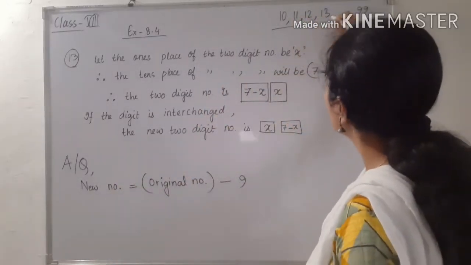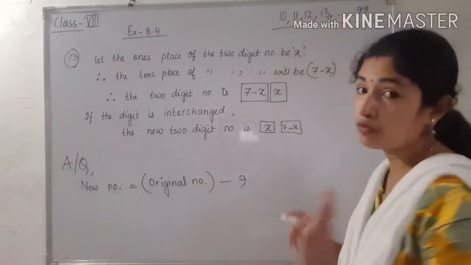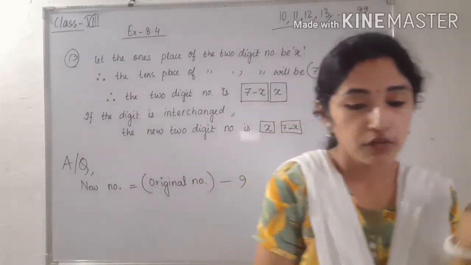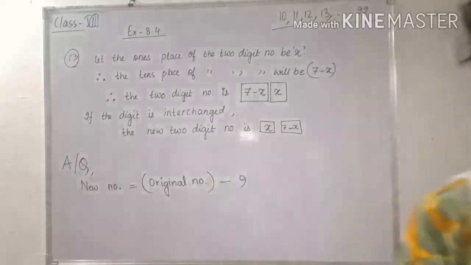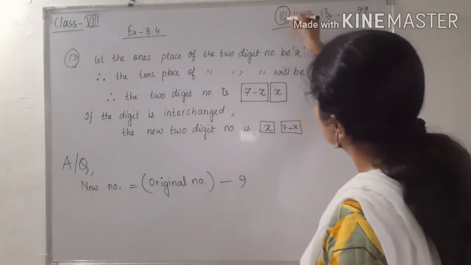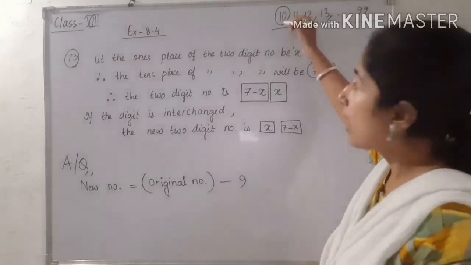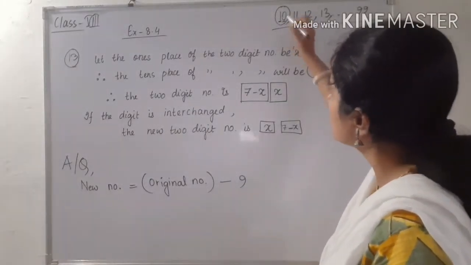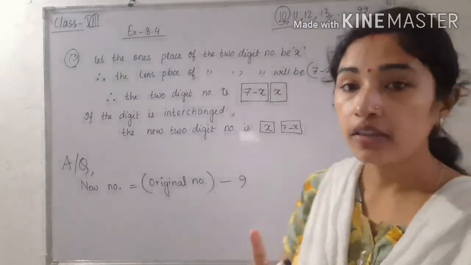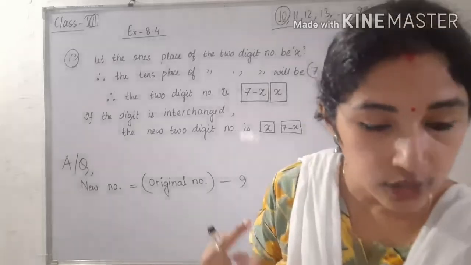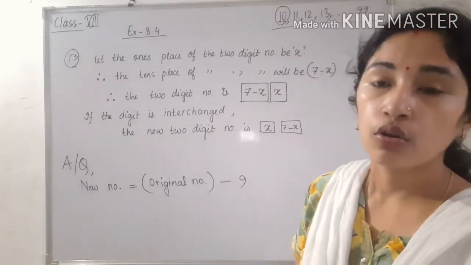Okay. So what is given in the first sentence? First of all you have to read the first sentence, as I already told you in the steps. In the first sentence it is written that if you add the 2 digits of a 2-digit number, for example 10, I have to add 1 and 0. If I add the 2 digits present in a 2-digit number, then the answer is 7.